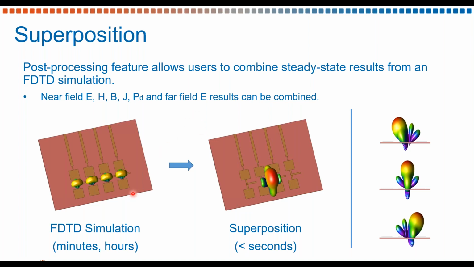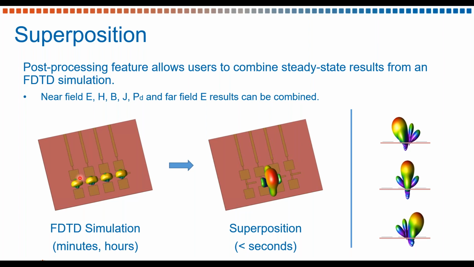So here we have an example of a 60 gigahertz antenna array with 4 patch antenna elements. And as you can see, there are 4 patterns that are available. Each of these patterns is obtained by first running an FDTD simulation on this, wherein we request the S parameters and the steady state patterns.